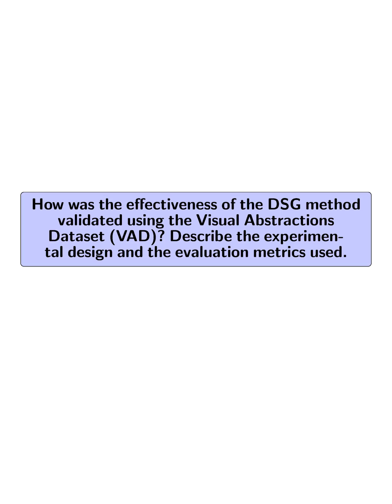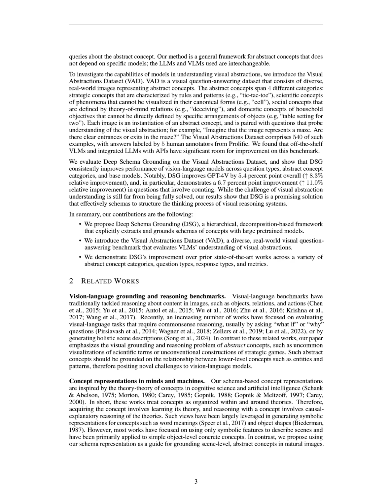How was the effectiveness of the DSG method validated using the Visual Abstractions Dataset, VAD? Describe the experimental design and the evaluation metrics used. The effectiveness of DSG was validated using the Visual Abstractions Dataset, VAD, which consists of 540 visual question answering instances across 12 abstract concepts.